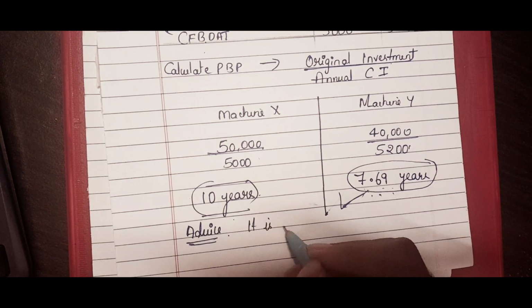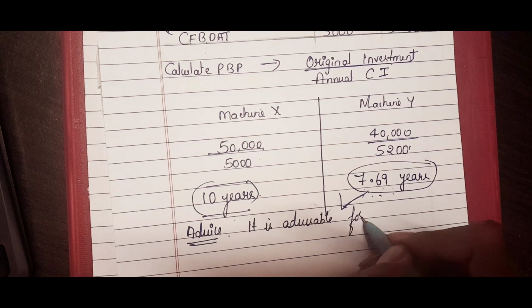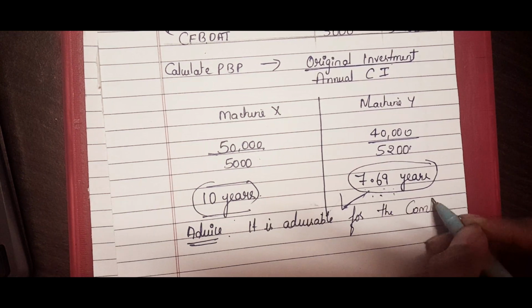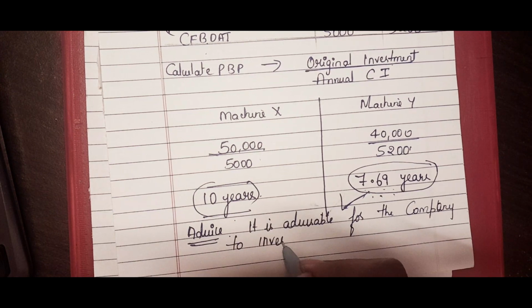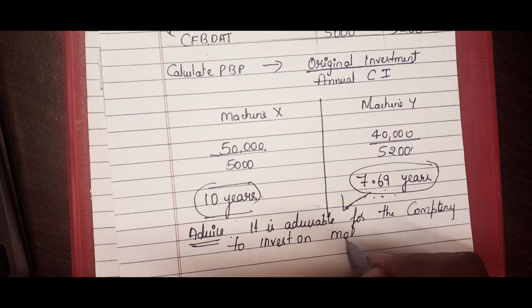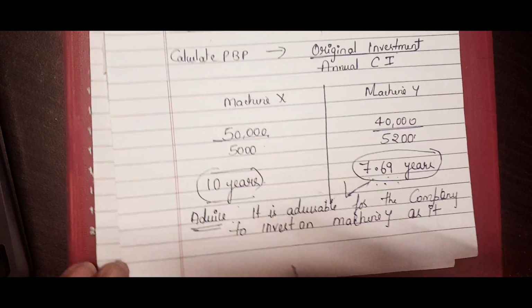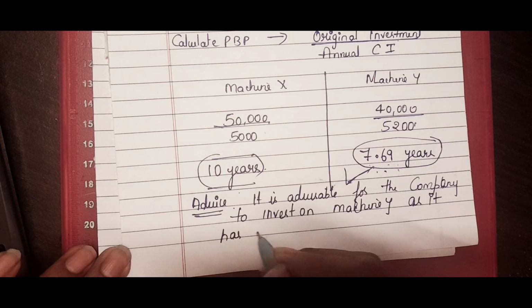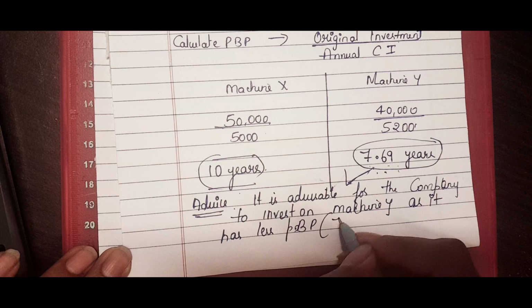So you will write that it is advisable for the company to invest in machine Y as it has less PBP, payback period.